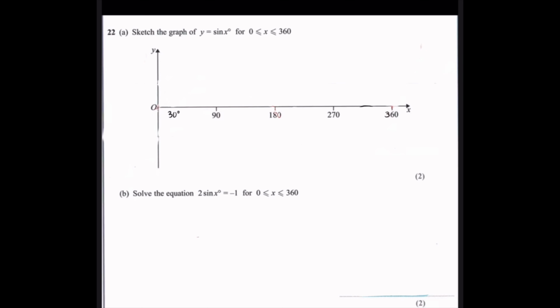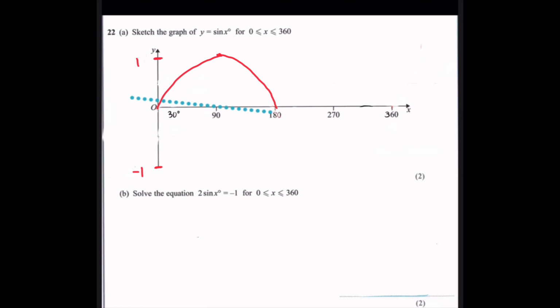Sketch the graph of y equals sine x from between 0 to 360, for 2 marks. This is a really simple one to do. Everyone should be able to do this. So we're going to start at 0. We're going to mark the top of the graph as 1 and the bottom of the graph as minus 1. And then we're going to go from 0 to 90, like this, and then back down to 180 at 0.